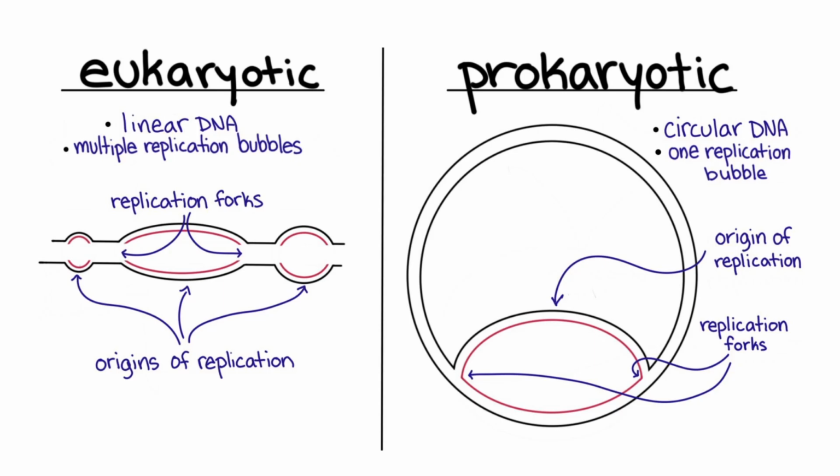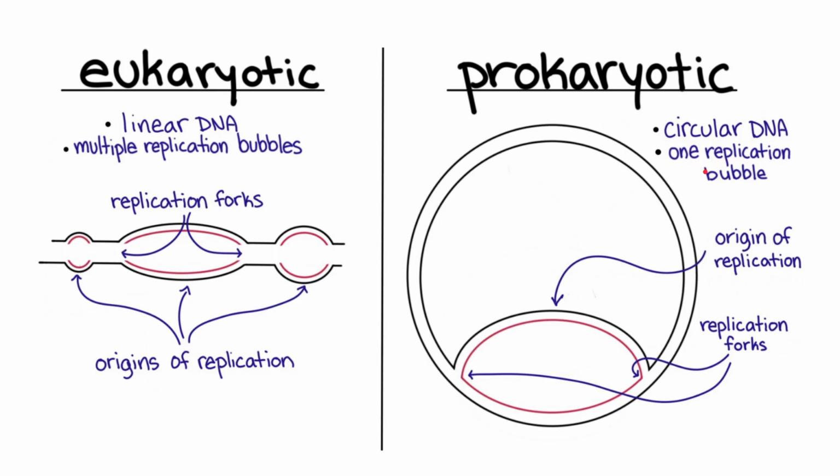All right, we have our linear DNA in our eukaryotes. These are our replication forks for our new strands being made, and these are origins of replication. In our prokaryote, we have our circular DNA. We have one replication bubble, so it only starts at one point, and our replication forks will run in opposite directions.